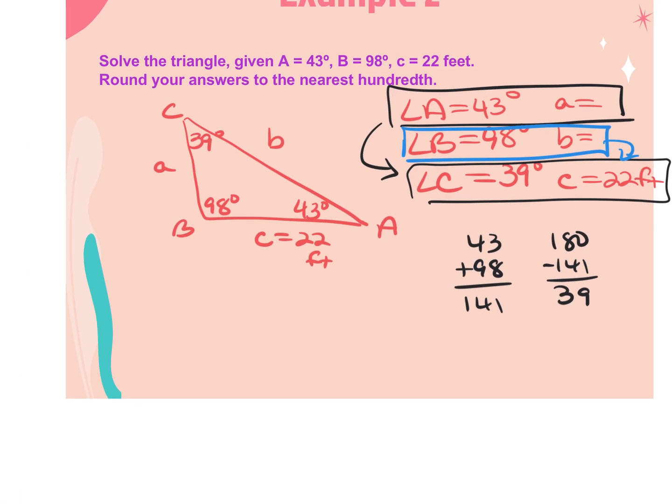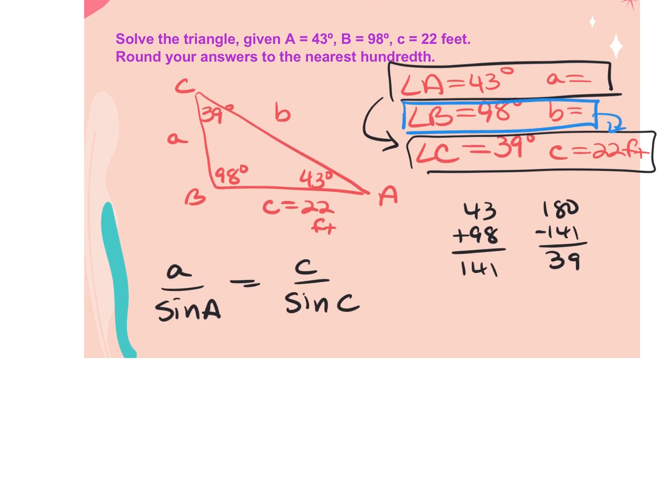So I'm going to do lowercase a over sine A is equal to lowercase c over the sine of C. Let's fill in our numbers. I don't know the side length of A, but I know the angle measure A is 43. My side length C was 22, and angle C was 39.